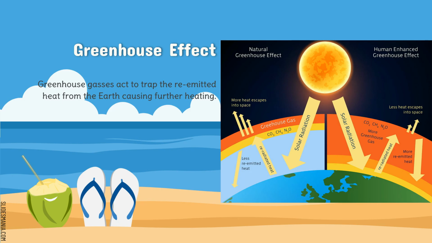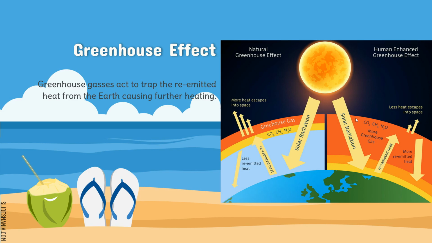And so there would actually be less heat absorbed by the Earth in the first place. As more snow and ice melts, there's less of that reflecting back automatically. Anyway, some of the re-emitted heat gets reflected back to the Earth because of the greenhouse gases, and some of it is allowed to escape out into space.